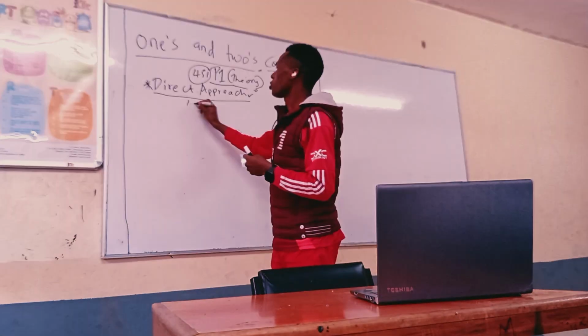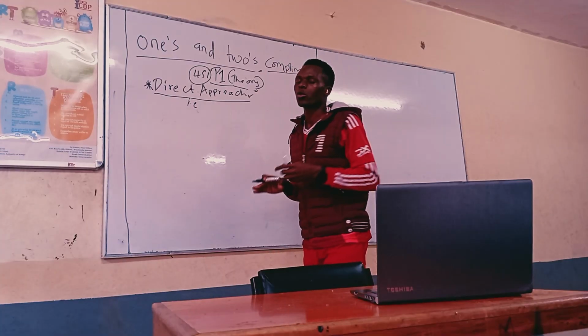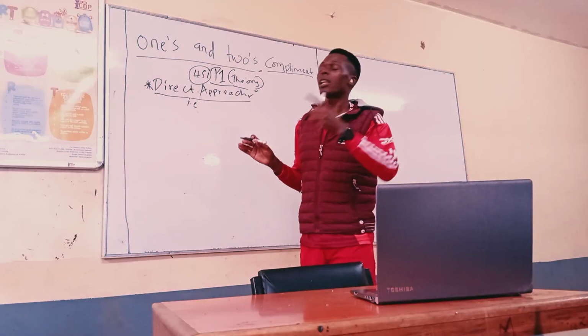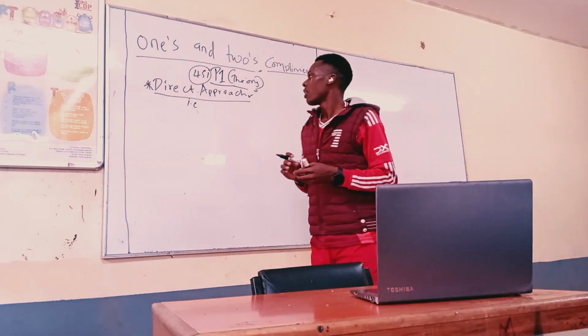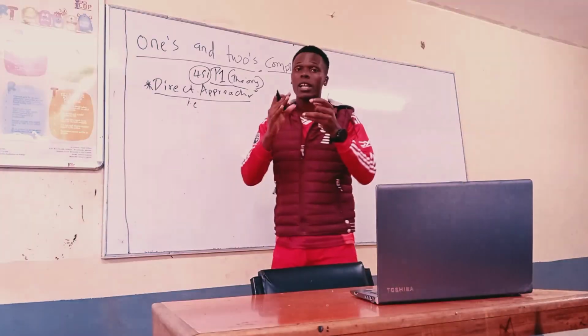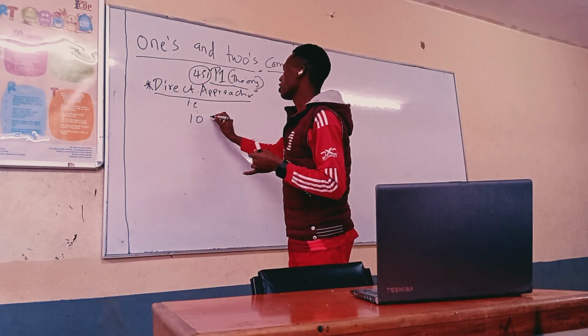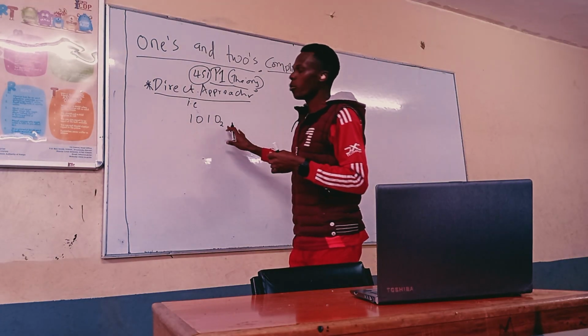I leave that alone because we will not dig much into it. In the direct approach, you are given a number in binary form, let's say 1010, to base 2.